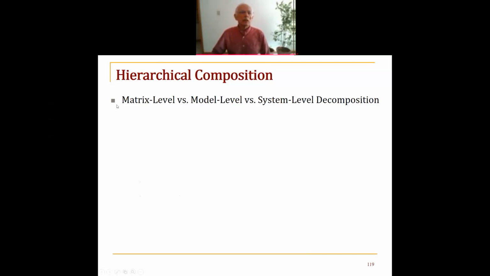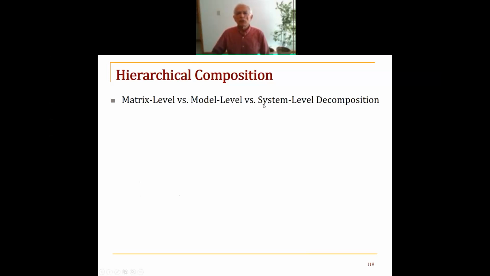There's a lot of work done earlier on matrix level decomposition by P.J. Courtois and so on. My problem is that in real practical situations, generating the state space or the matrix of the underlying stochastic process is next to impossible. So we should be doing either model level decomposition or system level decomposition.